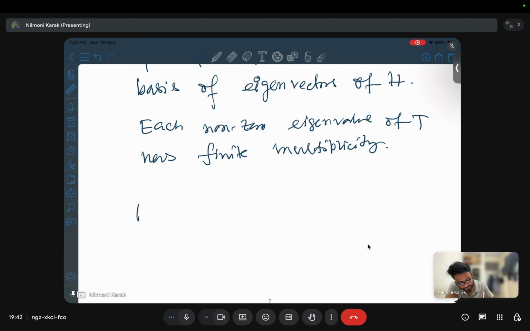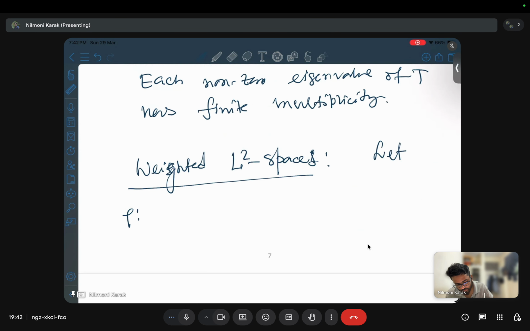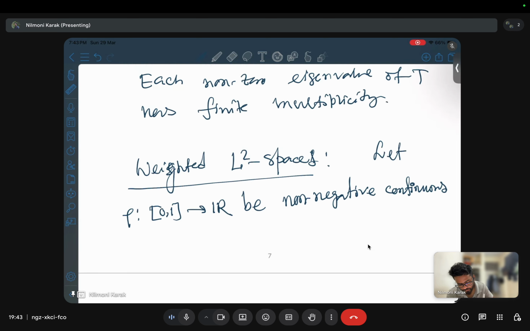Weighted L2 spaces. So let rho be a non-negative continuous function on [0,1] whose zeros form a set of measure zero.